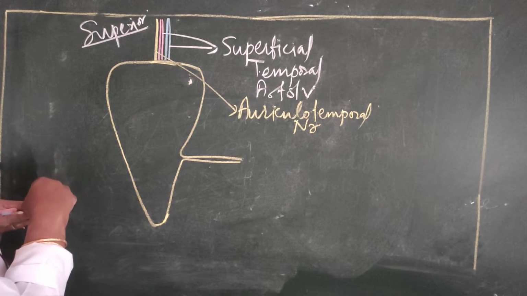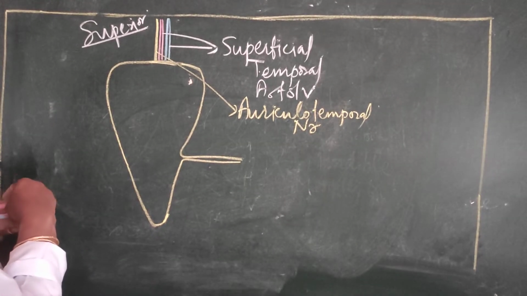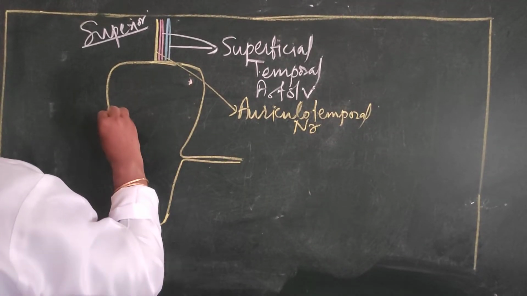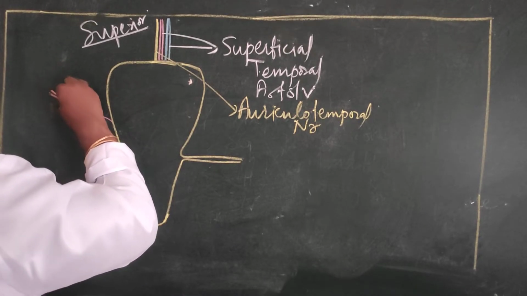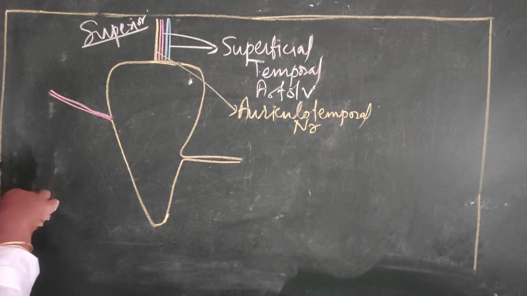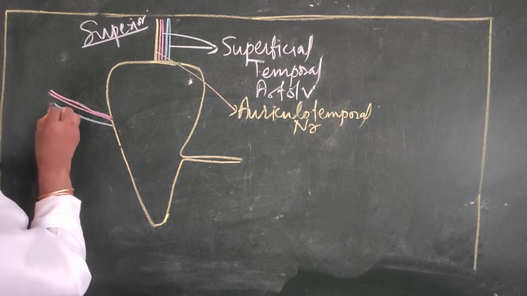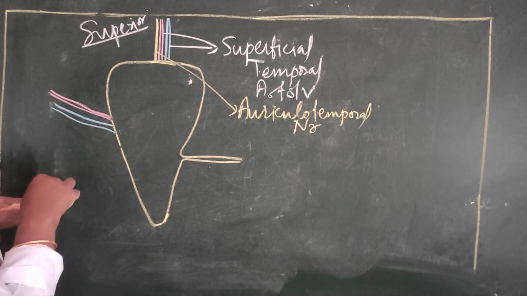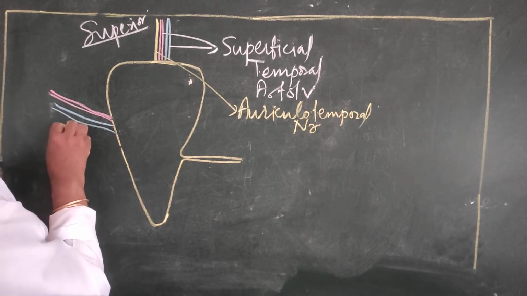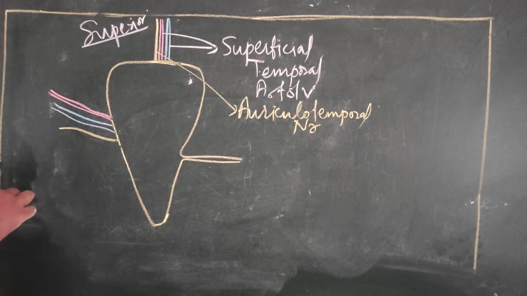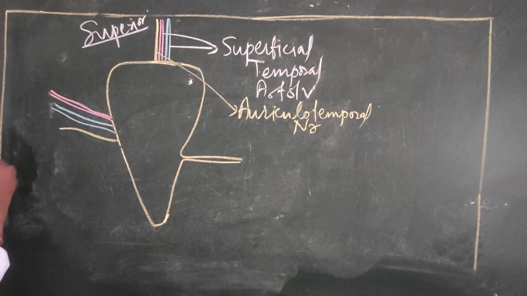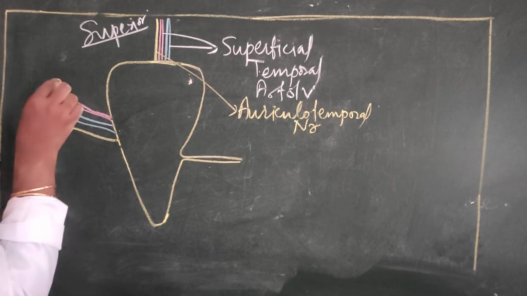There are some structures which emerge from the posterior aspect. There is a posterior auricular artery, posterior auricular vein and posterior auricular nerve. The posterior auricular artery is a branch of the external carotid artery.